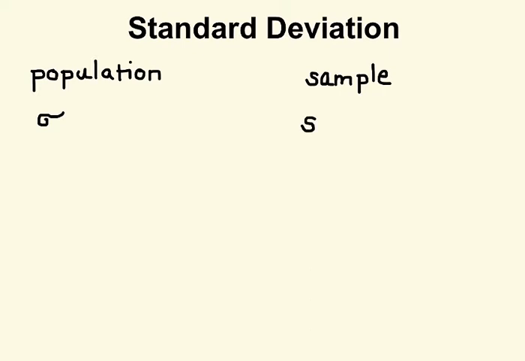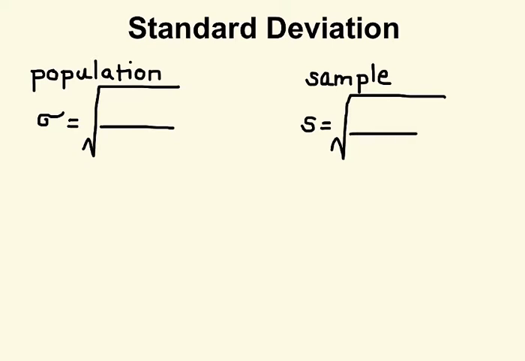Now the formula for the standard deviation is equal to the following. It's very similar. It is the square root, now they're both square roots, of a ratio. I'll draw a ratio bar.